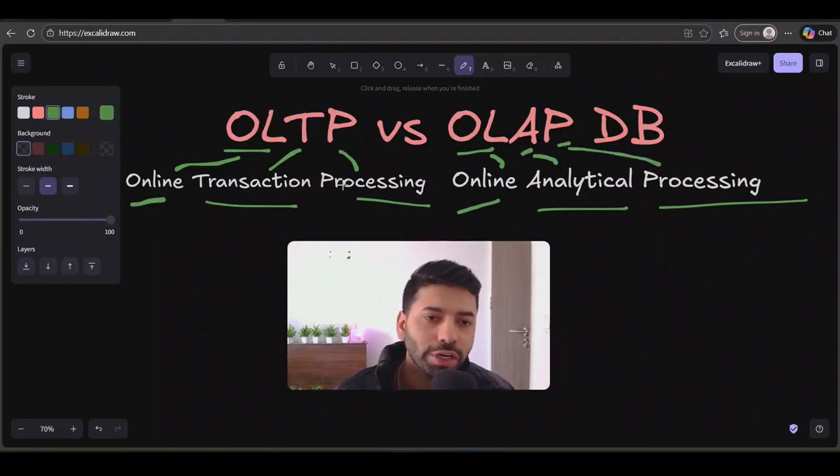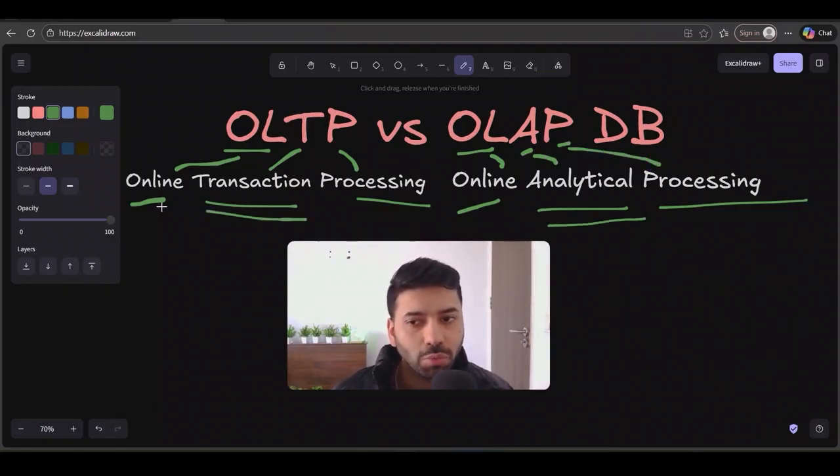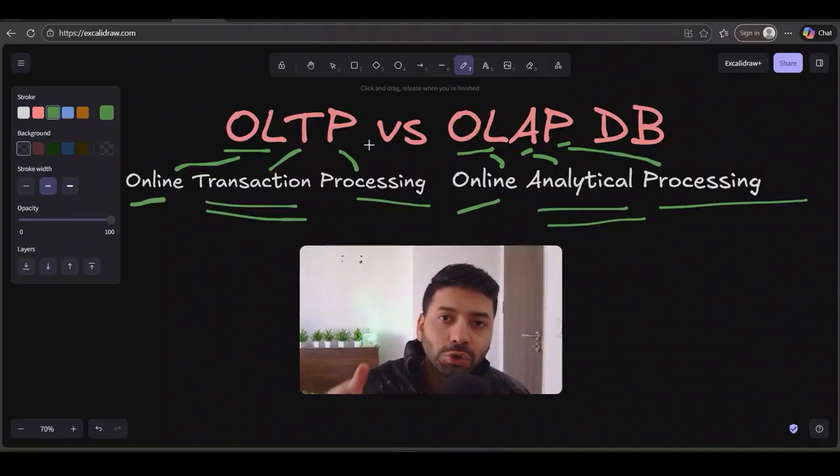So clearly the only difference is transaction versus analytical. Both have online processing in common. OLTP is used for your transactions, basically running your business, whereas OLAP is more analytical, where you try to understand the business based on analytics, metrics, logs, and all such things.